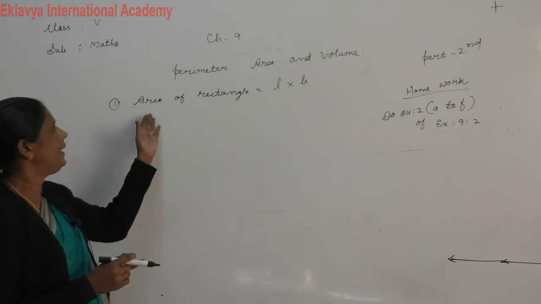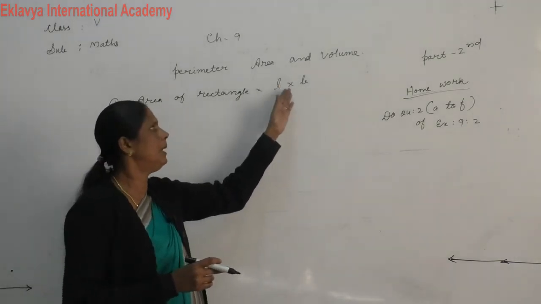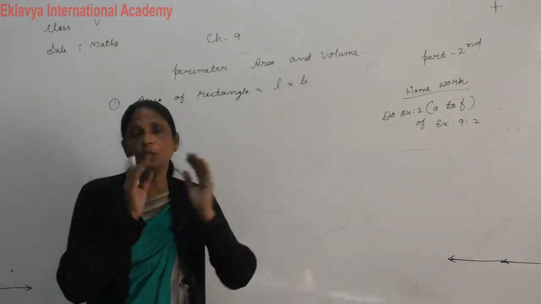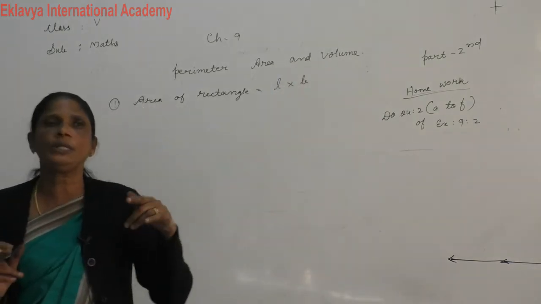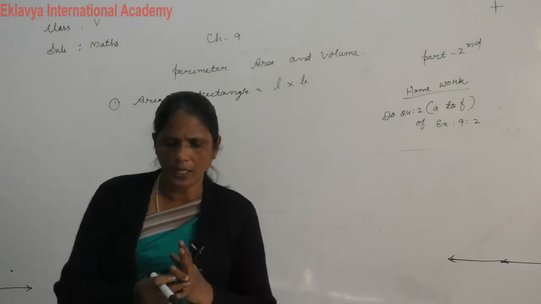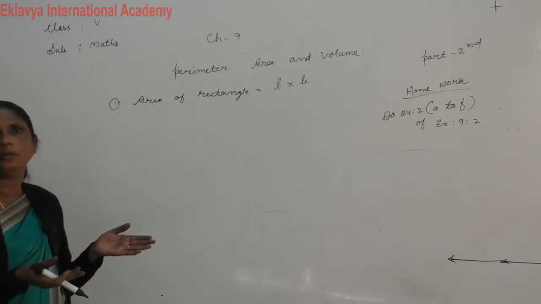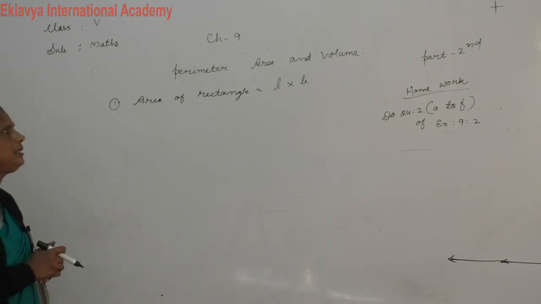Again say, area of rectangle is equal to length multiply breadth. The unit is centimeter square or meter square.